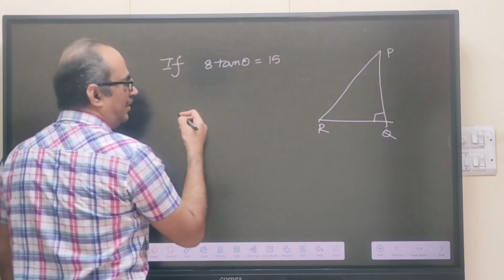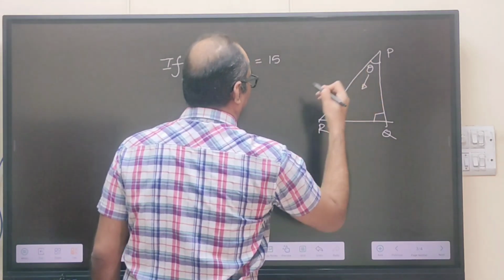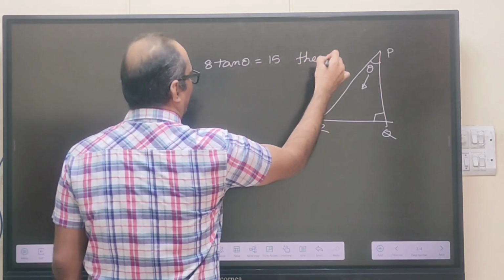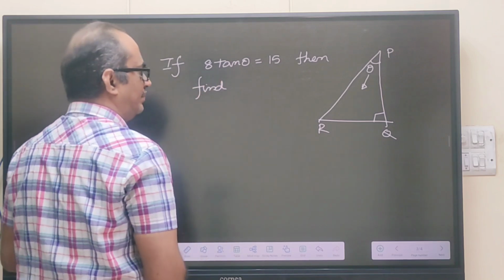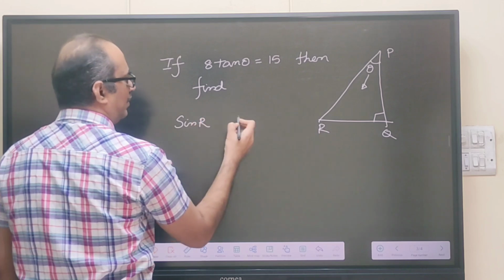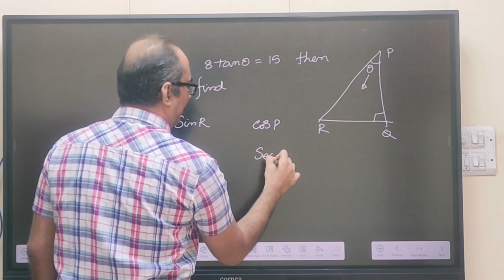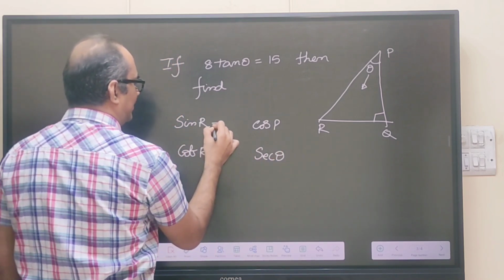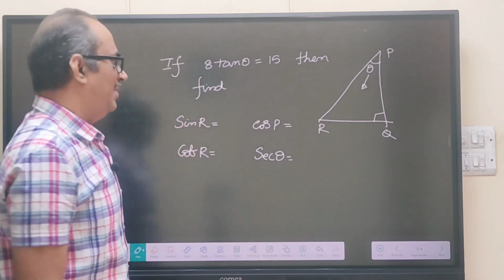If 8 tan theta equals 15, then find sin R, cos P, secant theta, cot R. Let us say this is what we want to find out. I just created one question for you on the fly. It is a simple problem. Let us see.